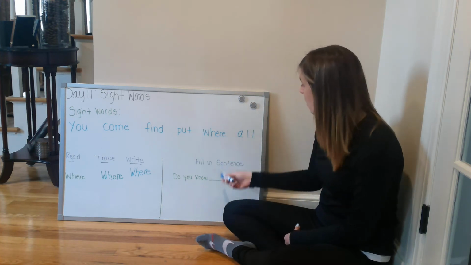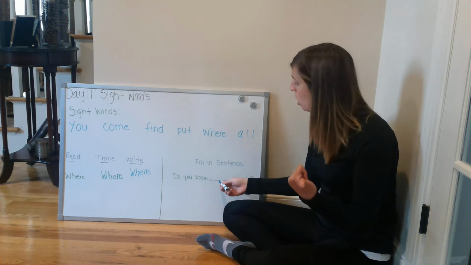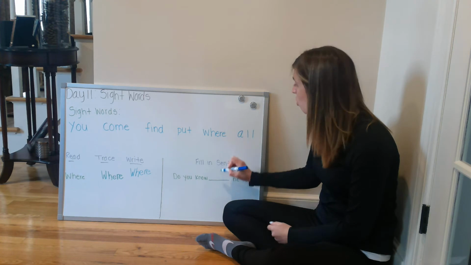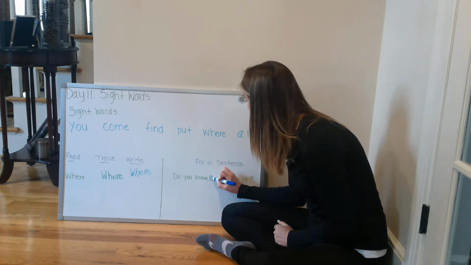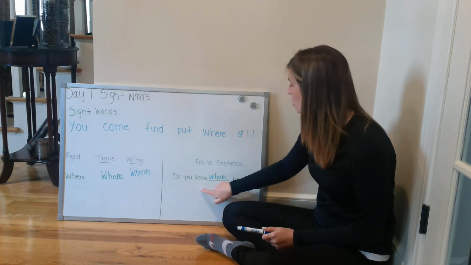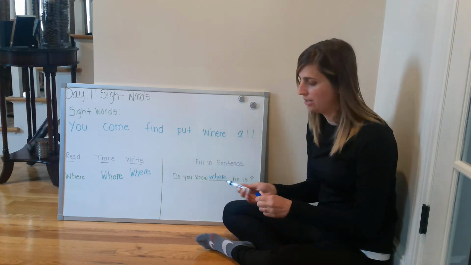Do you know where he is? Sounds right, and it is a complete sentence. So where is my fill-in. I'd write the sight word where in my fill-in. Do you know where he is? It's a complete sentence and it sounds correct.